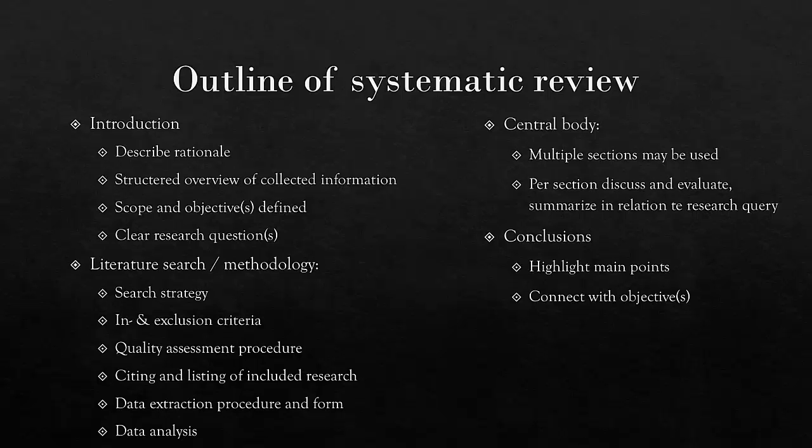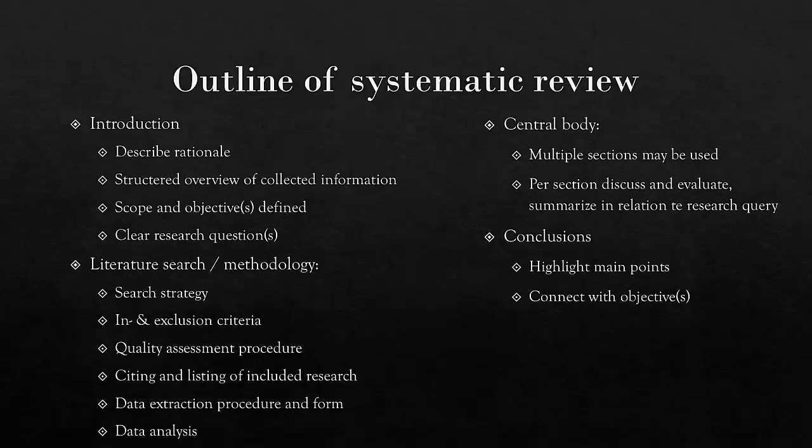The scope and objective of the systematic review are well defined, and we have a very clear research question that is actually researchable and that we can answer using our methodology. This methodology, or the search part, is also very well defined in each and every detail. The search strategy is well defined, with exclusion criteria and quality assessment.